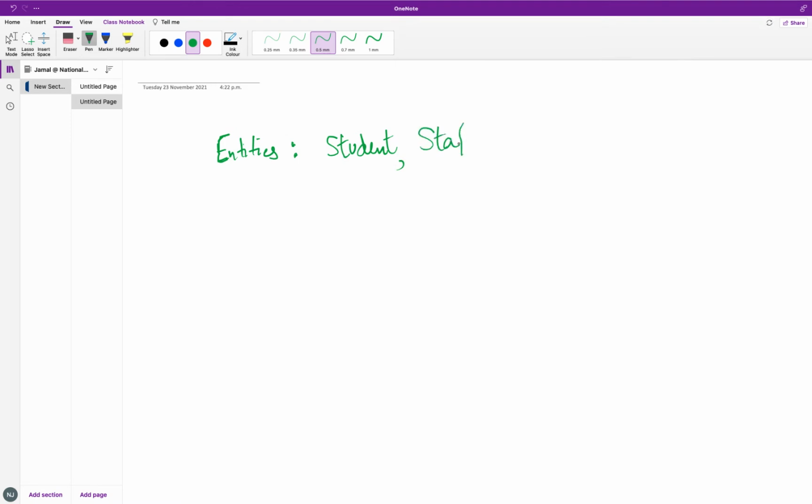Then staff, they could be academic and non-academic, right? So let's suppose academic staff and non-academic staff. Courses, just like this database technology course or some other courses, right?